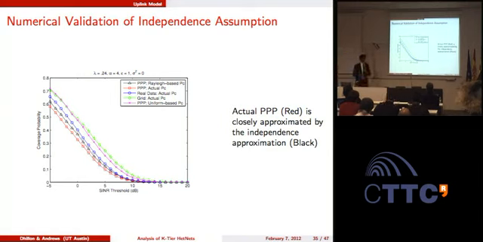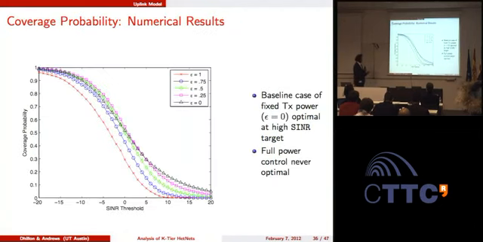So the assumption is not hurting much. I understand it is not analytically really beautiful, but still this model works and gives you nice insights such as these. So you have a coverage probability plot for various values of this power control factor epsilon.